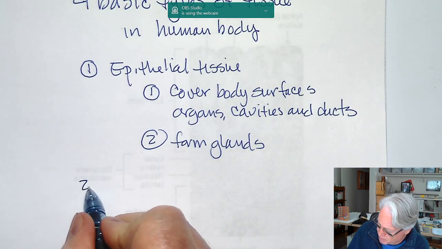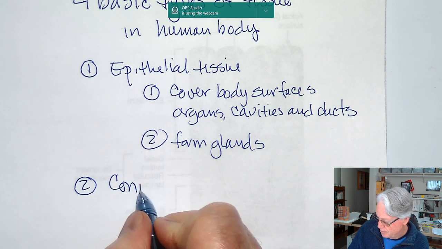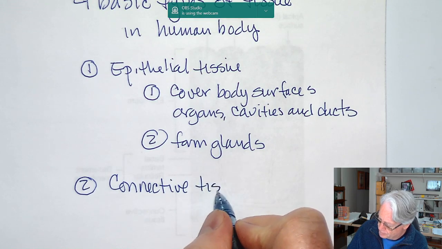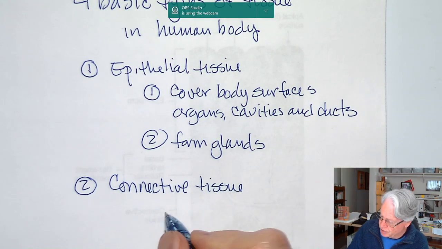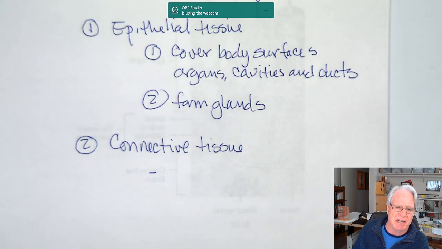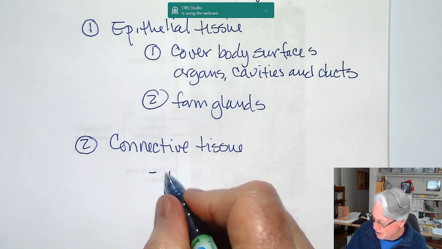A second type is connective tissue. And this is going to produce a number of different types of connective tissue. So very diverse group of tissues within connective tissue. And it's all about protecting.